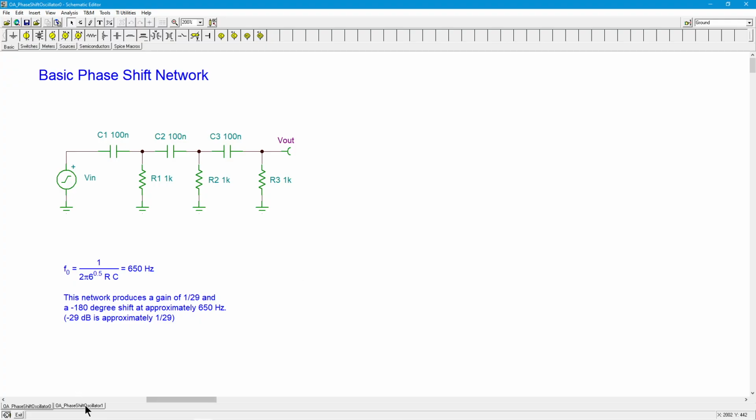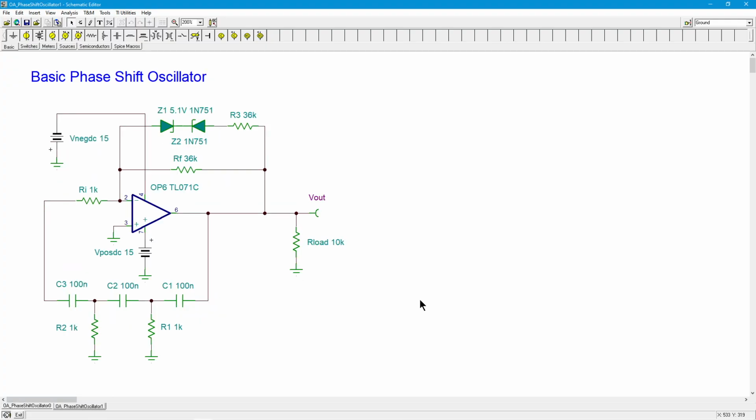So let's go look at a little circuit. Ignore this stuff up here right now. So here we have an op-amp, RF, RI, so we know that this is an inverting amplifier. Notice RI is going into the inverting input, okay?